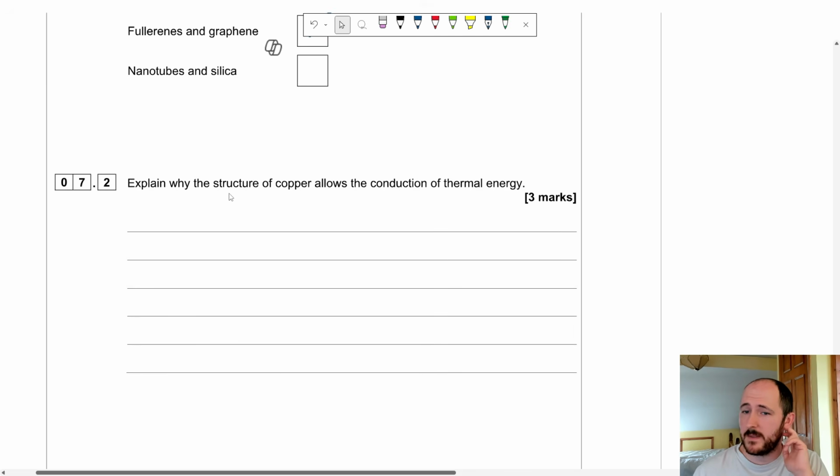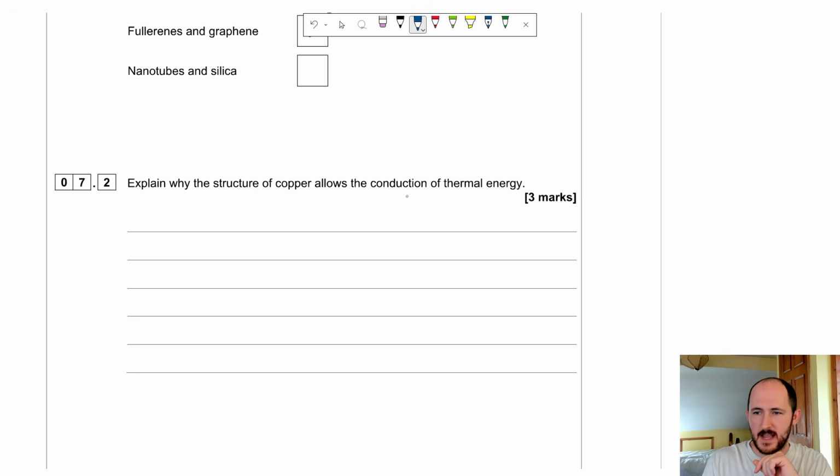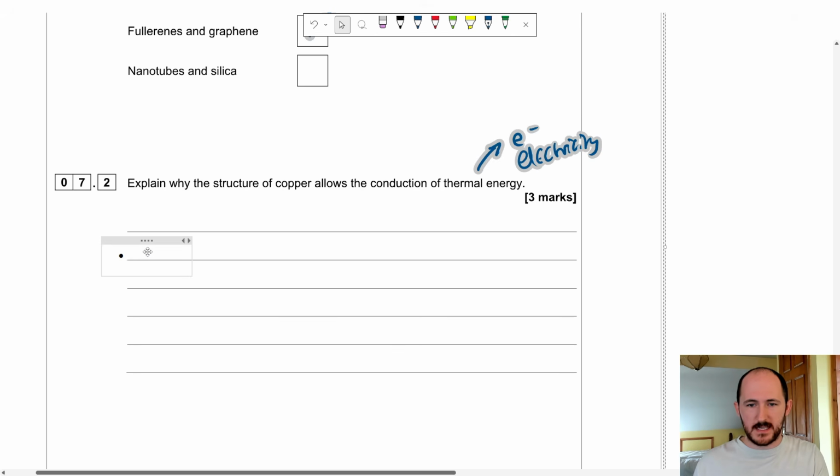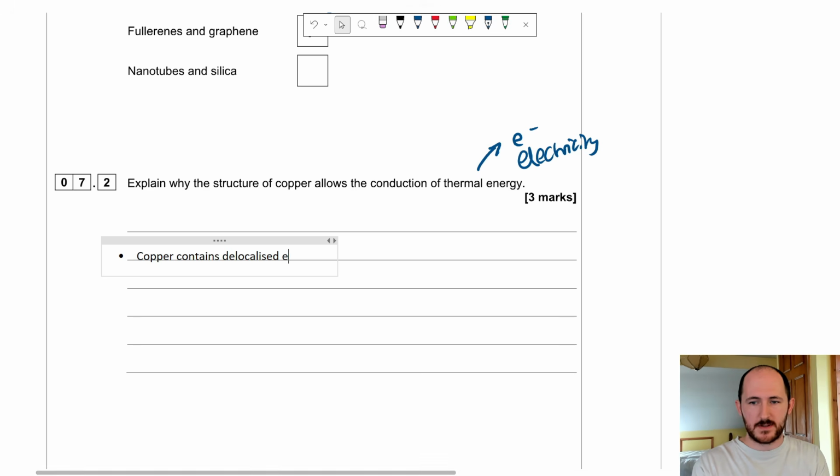And then it says, explain why the structure of copper allows for the conduction of thermal energy. It's actually the same as the reason why it can conduct electrons, in other words, electricity. So funnily enough, if something's a really good conductor of heat, it's actually a really good conductor of electricity a lot of the time, which is quite nice. And it's all because of those juicy delocalized electrons. So copper contains delocalized electrons.